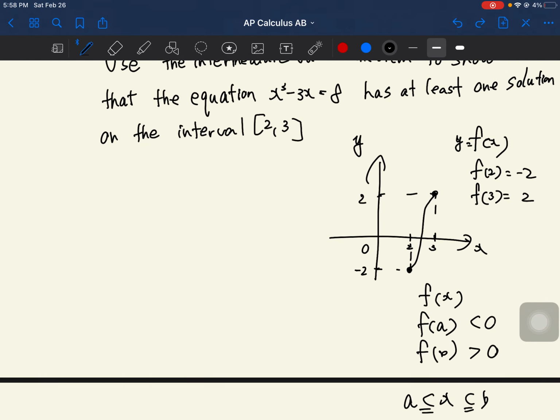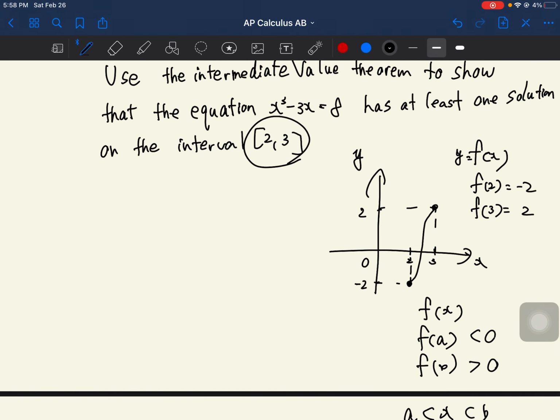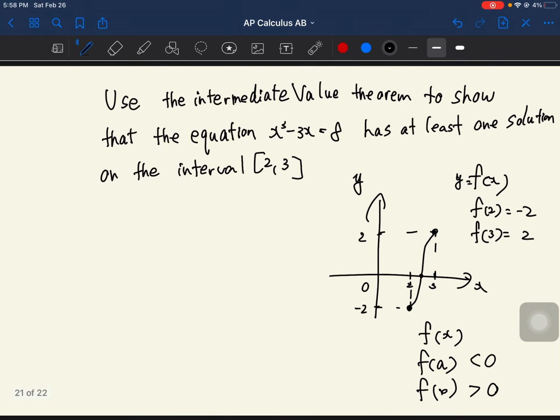So what you have to do is just find the value at this interval and find out if it can cross the x-axis or not.